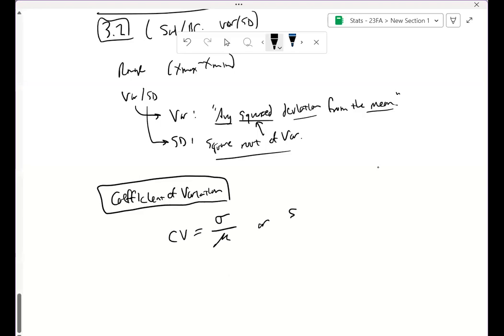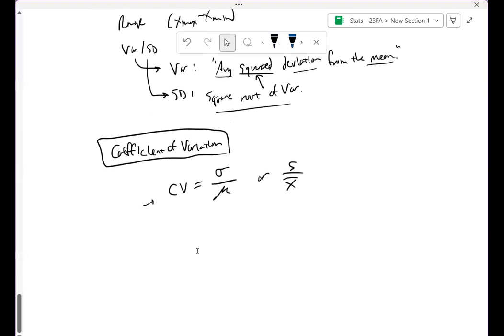Or of course, S over X bar if we were using samples. And we'll look at some examples of coefficient of variation when we compute some measures of center and variation in Excel. But that's the idea of coefficient of variation.